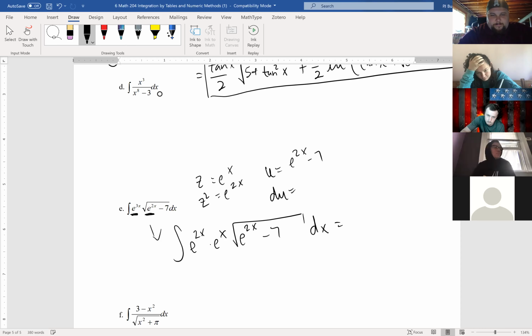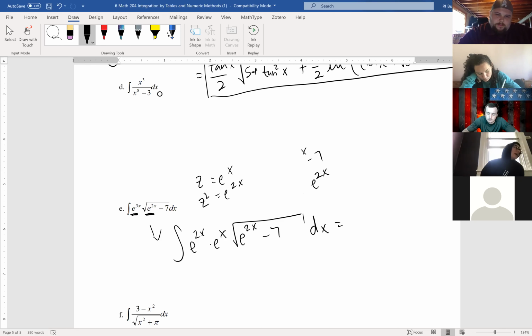Du is going to be 2e to the 2x. Is that what I want to do? I think actually saying it be e to the x is going to do the trick.